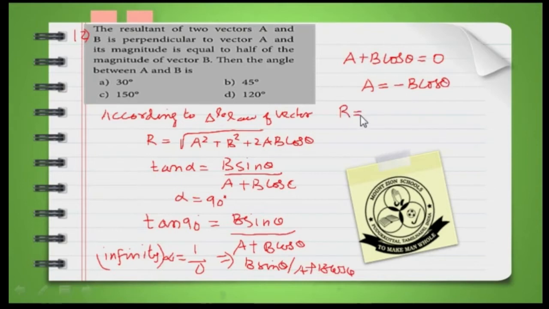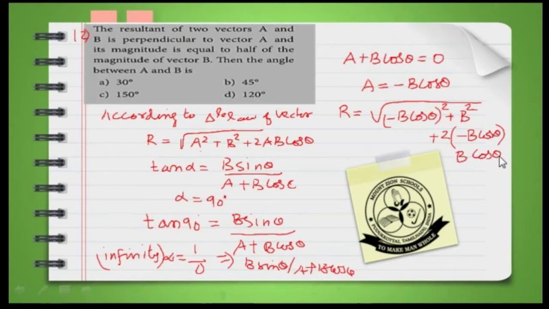Shall we find out now what is the resultant? By substituting here, it is A square, so minus B cos theta the whole square plus B square plus 2 into A, again minus B cos theta, into B cos theta. So what would you get?